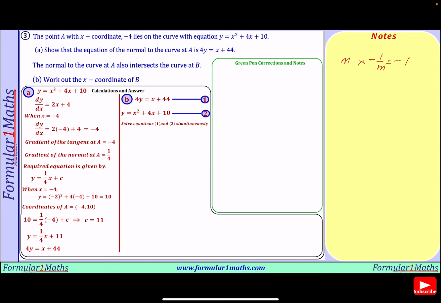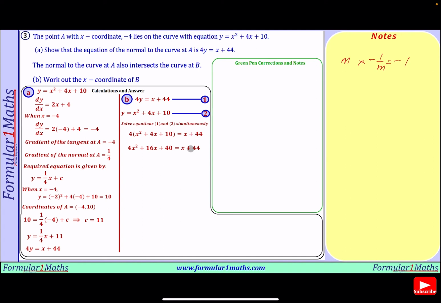What I will do is substitute this y into equation 1. So instead of this y here, I'm going to put in x squared plus 4x plus 10. And I get this. I now expand to get 4x squared plus 16x plus 40 is equal to x plus 44.